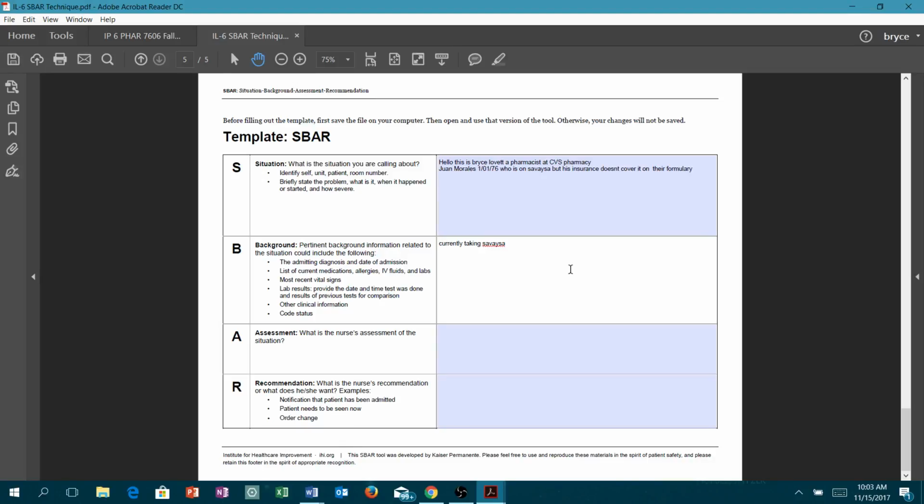But I was telling another group that if you were to do this exact scenario in real life, the Savaysa dose at this point is irrelevant, because you're not adjusting the dose of Savaysa, you're recommending a discontinuation of Savaysa and initiating another medication. Because Xarelto has different strengths and different regimens, you would want to tell them specifically, use this dose, use this regimen, and put that in your voicemail so they don't have to call back.